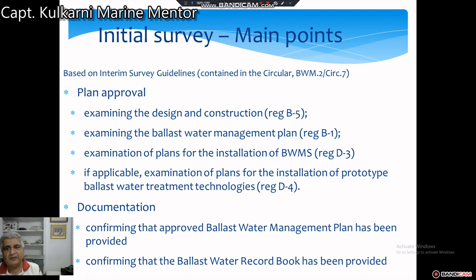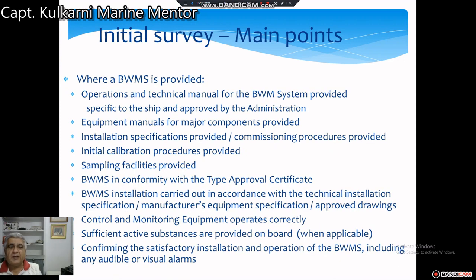Initial survey: what is required once you have the ballast water management system. Examining the design and construction, examining the ballast water management plan, examining the plans for the installation of the ballast water management system and, if applicable, examination of plans for installation of prototype ballast water treatment technologies. Documentation: confirmation that the ballast water record book has been provided on board. Where is the ballast water management system provided?